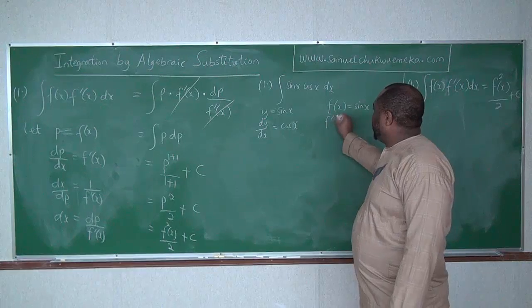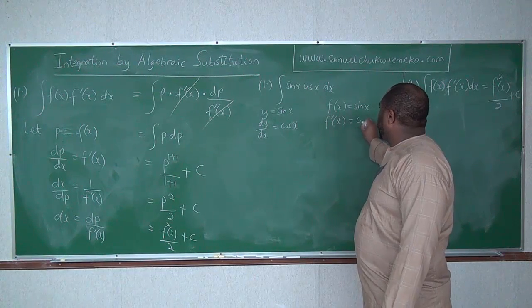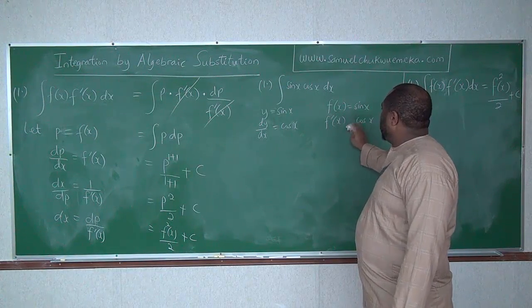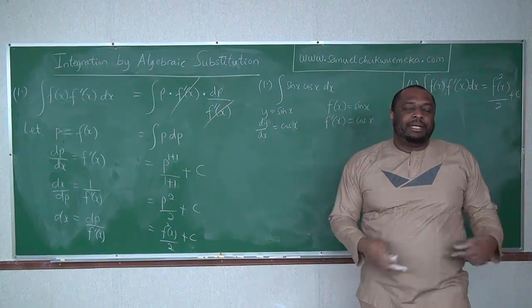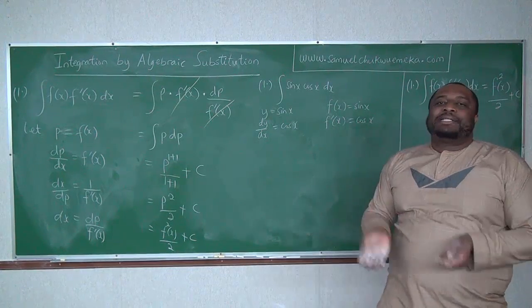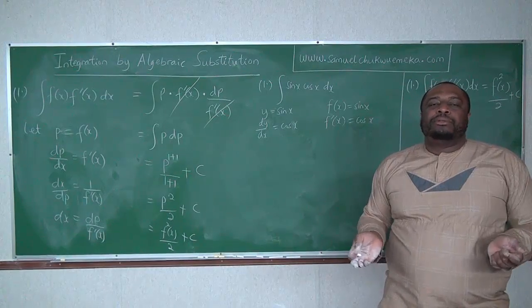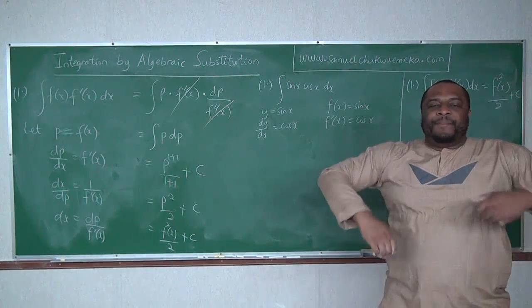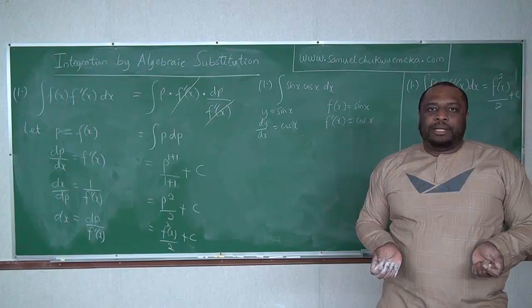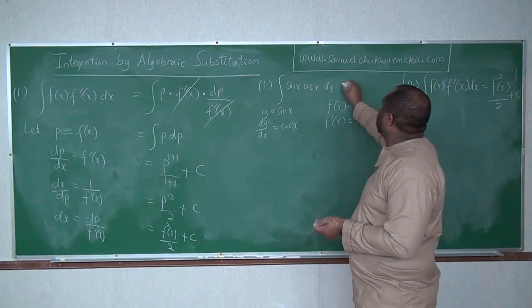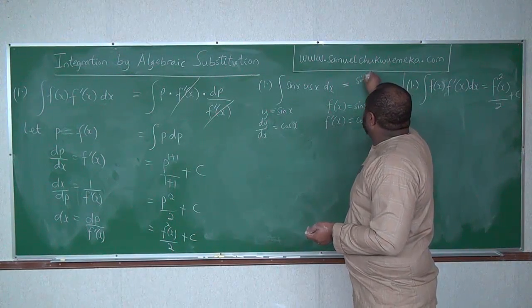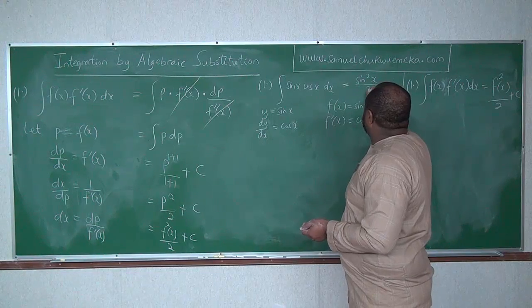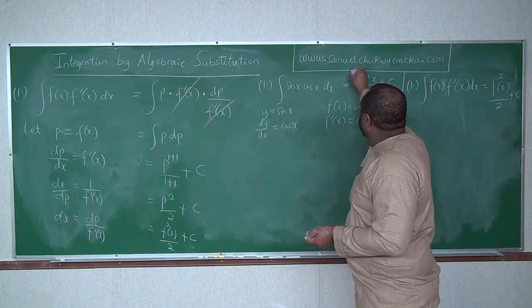So f prime of x, the derivative, is cos x. So the answer to this, of course, is sine squared x over 2 plus c. Right away, that's the answer.